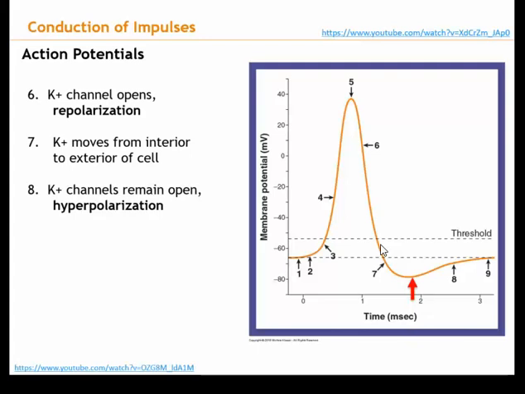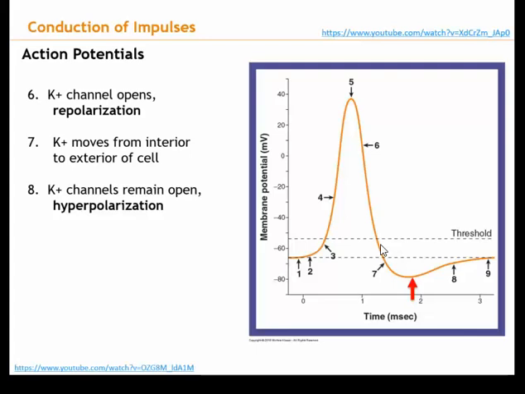That channel remains open slightly longer than normal, and this is called hyperpolarization. So the K channel stays open longer than needed to bring the membrane back to resting potential. This results in a phenomenon called an undershoot, or hyperpolarization, where the membrane potential briefly dips lower, so more negative than its resting potential.